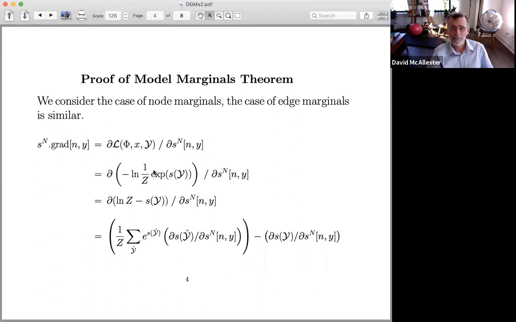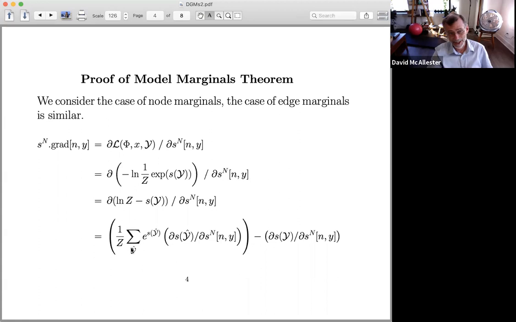The probability is a softmax, so it's 1 over z times the exponential of the gold label score. This is the standard probability. I'm going to take the derivative of that with respect to this one tensor entry. I'm going to separate the log z from the log of the exponential of the gold score. Now I'm going to differentiate this with respect to this single entry in this tensor. The derivative of log z is 1 over z times the derivative of z.